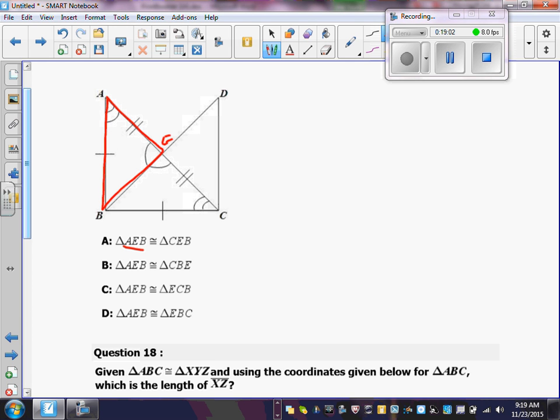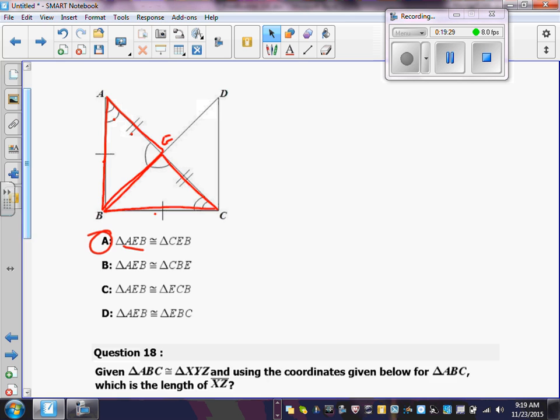Triangle AEB is congruent to CEB. They're saying CEB. Are they congruent? For you to say they are congruent, you have to have enough information. So I have a side, I have an angle, and I have a side. So by side, angle, side, yeah, they're going to be congruent. So I can pick A as my answer and then move on.